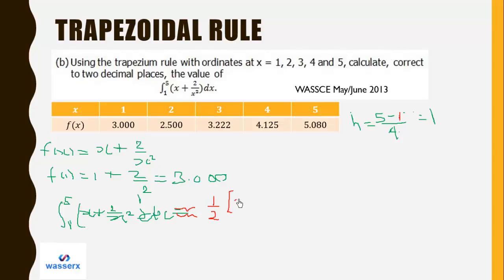the first ordinate plus the last ordinate. So 3.00 plus the last ordinate, which is 5.08, then plus 2 times the remaining ordinates, plus 2 times the bracket 2.500, then plus 3.222, then plus 4.125.